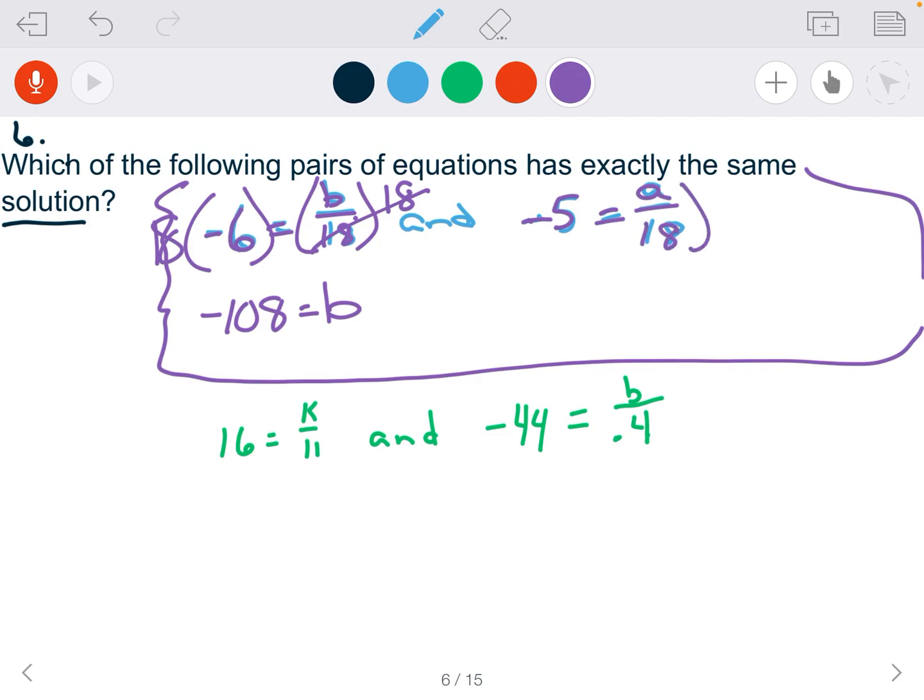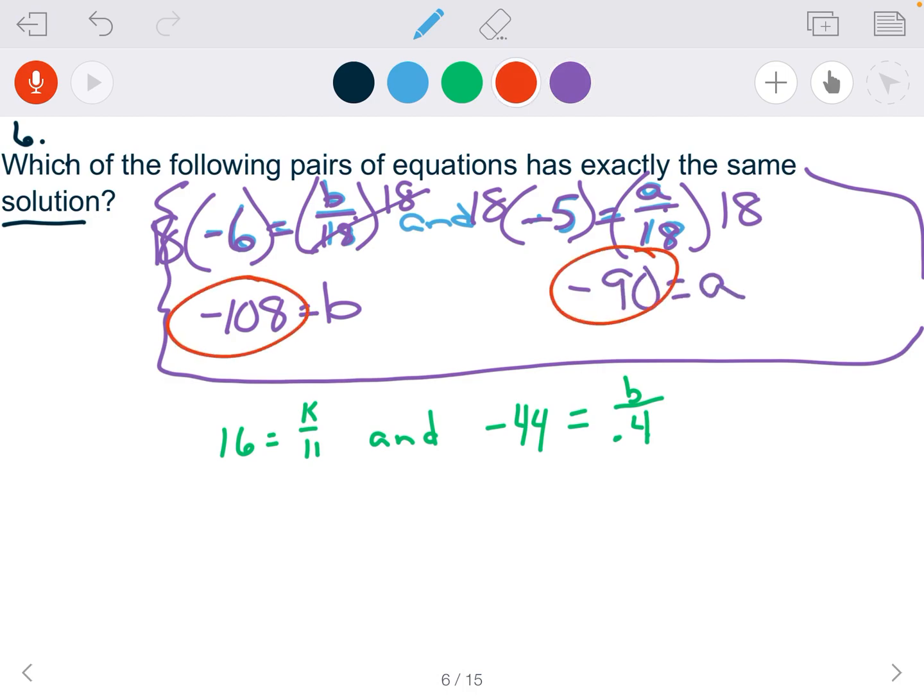Again, I solve for a. I have to undo divide by 18, so I multiply both sides by 18. 18 times -5 gives me -90 equals a. So these two numbers are not the same, so let's see if it works for the one underneath.